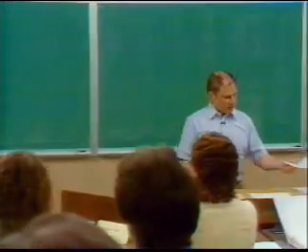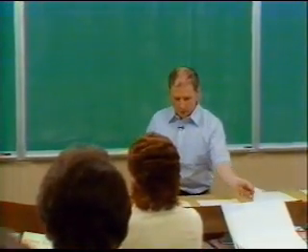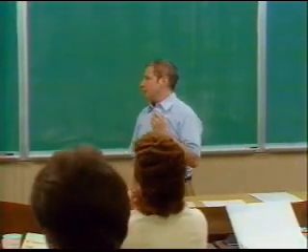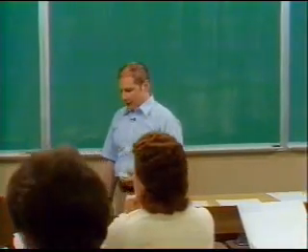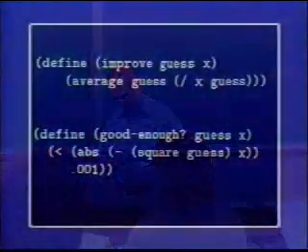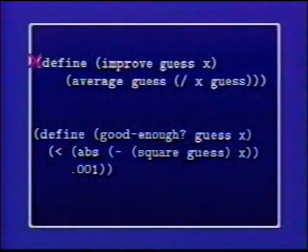We have to say, how is a guess good enough, and how do we improve a guess? So let's look at that. The algorithm to improve a guess for the square root of x, we average the guess with the quotient of dividing x by the guess. That's how we improve a guess. And to tell whether a guess is good enough, well, we have to decide something.